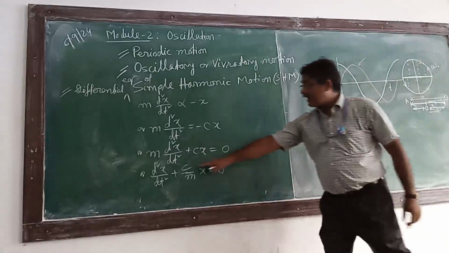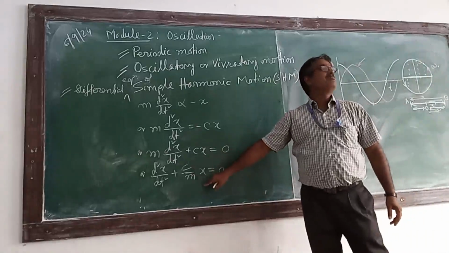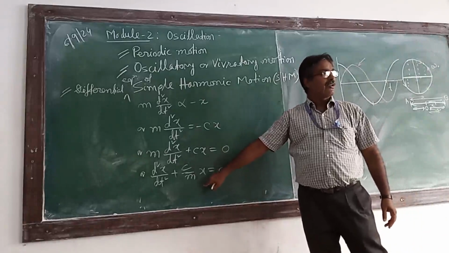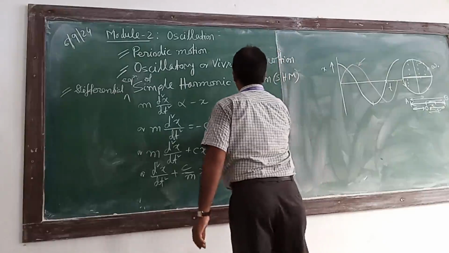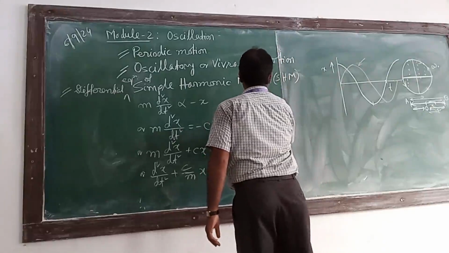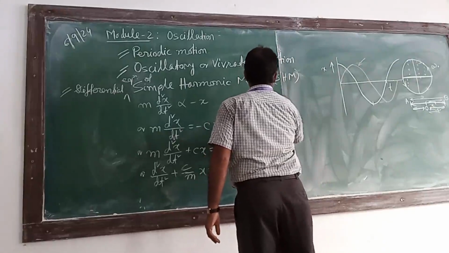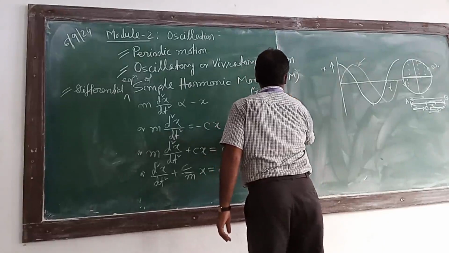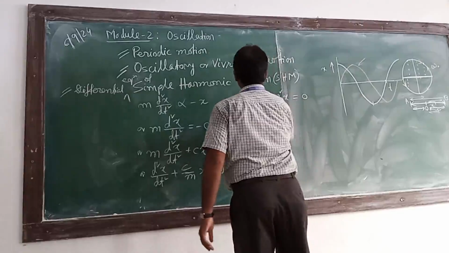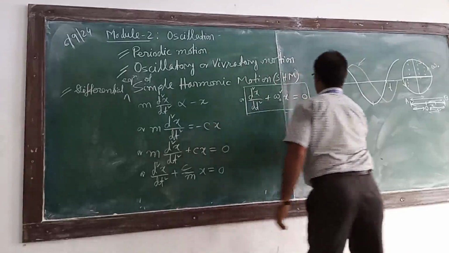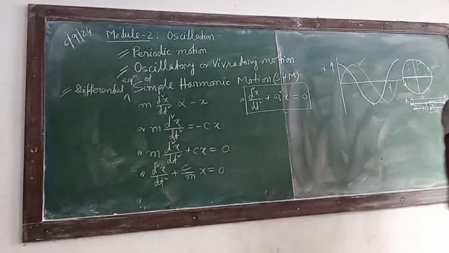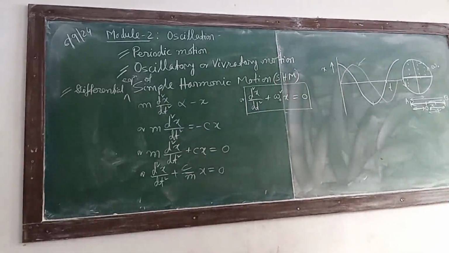Now c is a constant. m is the mass of the particle, which is also constant. So we take this constant, and the equation becomes d2x/dt2 plus omega naught squared x equals 0.